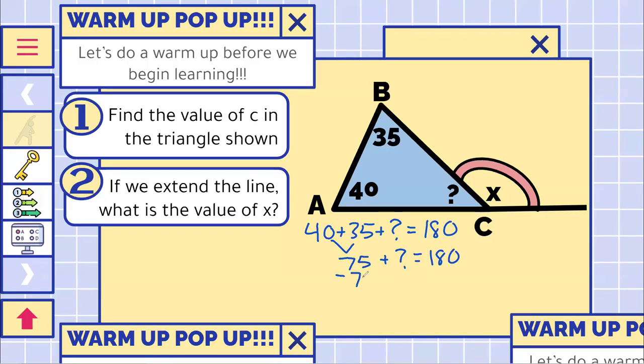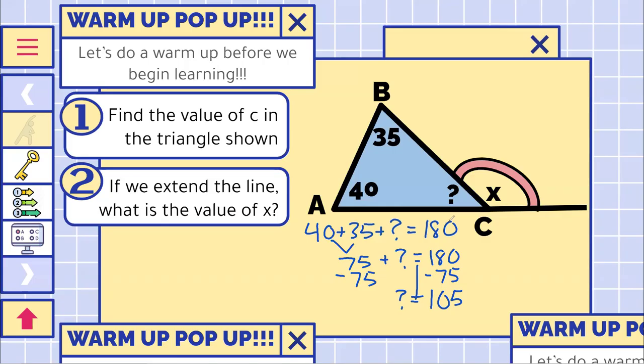And if you took away 75 from both sides, you got that our missing piece, angle C, is 105. Yep, if you got 105 for angle C, you would have been absolutely correct.